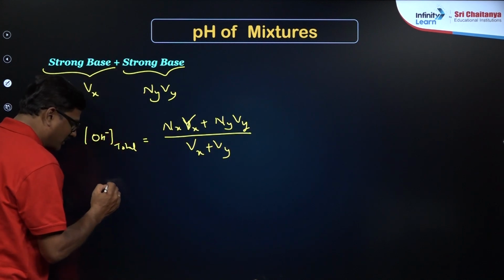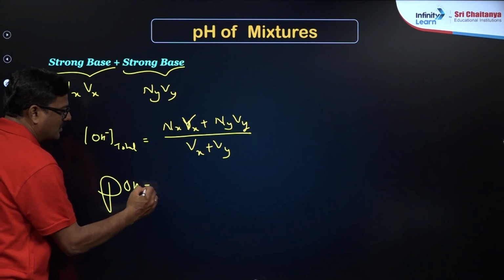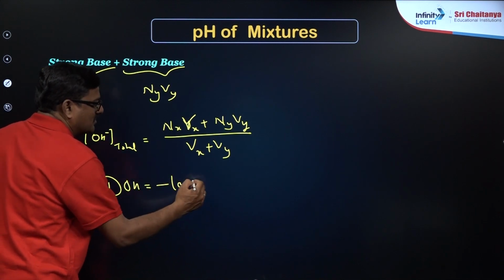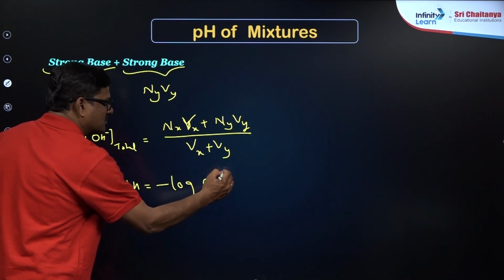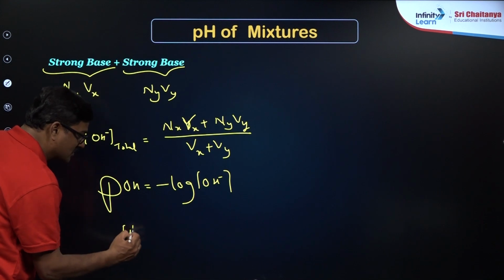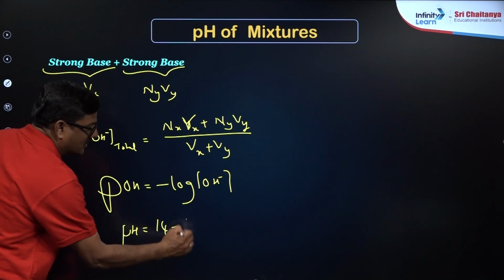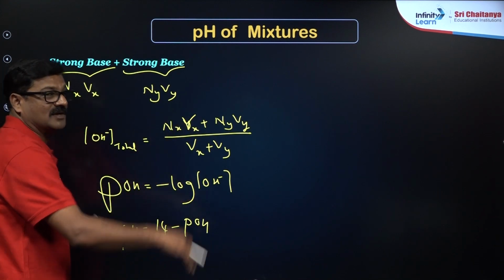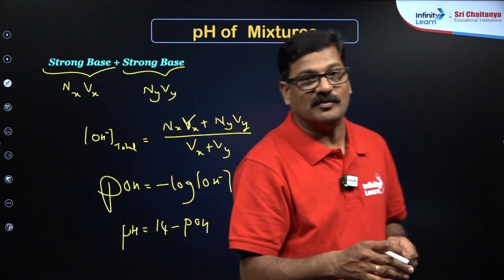From there you can calculate pOH as the negative logarithm to the base 10 of the OH minus ion concentration, followed by pH equal to 14 minus pOH. Directly you will get the answer. So this is one combination.